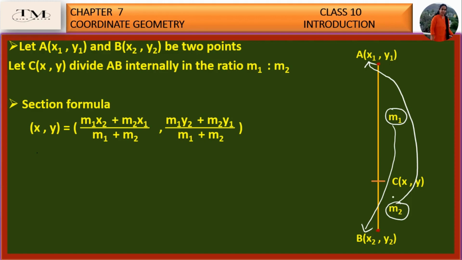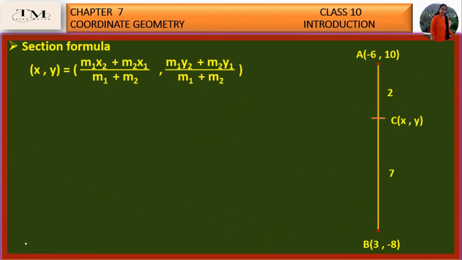So in the same way, next one, m1. So who is far y coordinate? It is y2. So m1 into y2 plus m2 into y1, which is far from m2. So this is the way you have to remember this formula. So let us apply this formula in the next page.